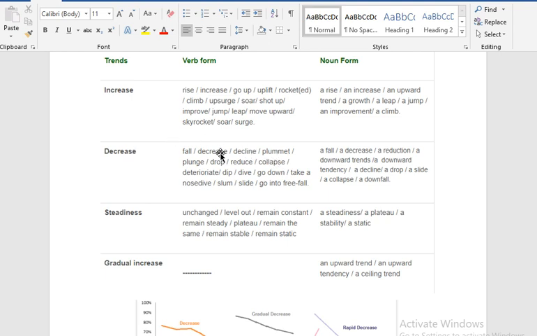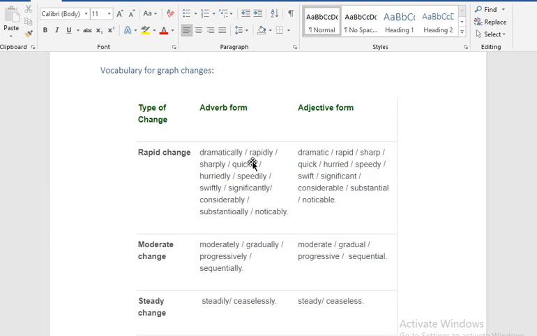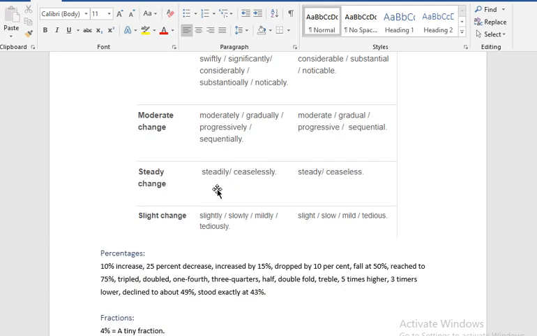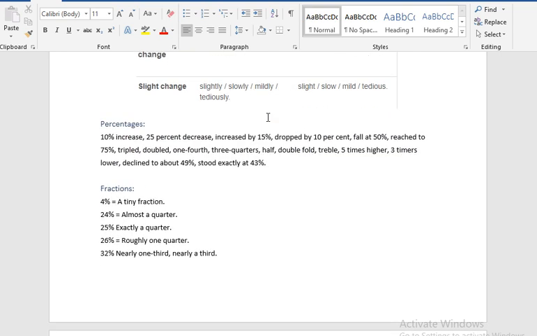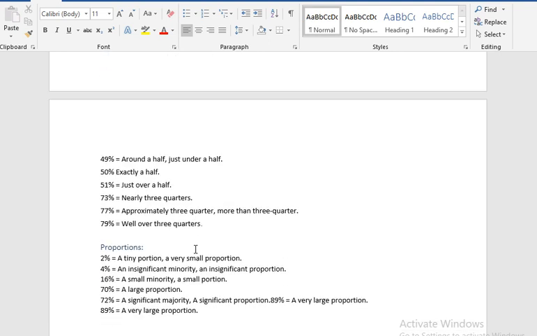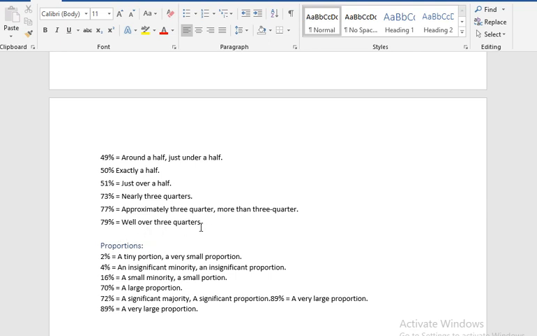You can use these kinds of vocabulary which will really have a good impact on the reader. For steady change, you can use steadily, ceaselessly, moderately, gradually, sequentially, swiftly. And if this is 4%, a tiny fraction, or 24%, instead of 24% you can also write almost a quarter, exactly a quarter, roughly 1/4, nearly 1/3, or well over 3/4.